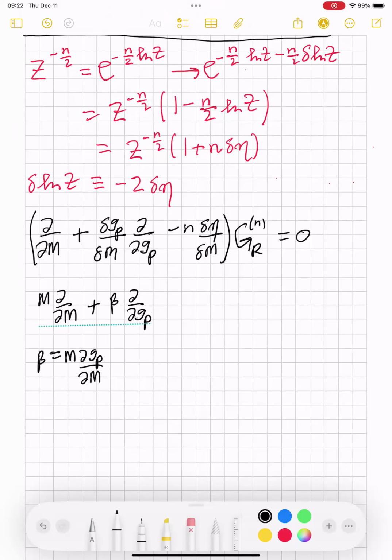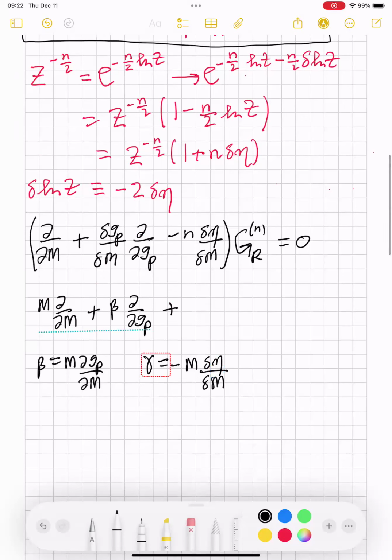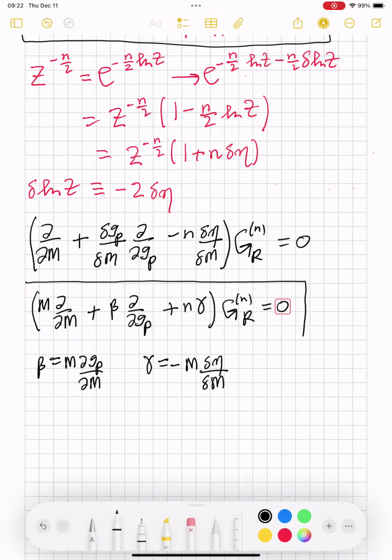And then we're going to call gamma to be minus m delta eta delta m, and then this term is going to be plus n gamma on Gn is equal to 0. Good. So that's the Callan-Symanzik equation as it's usually written.